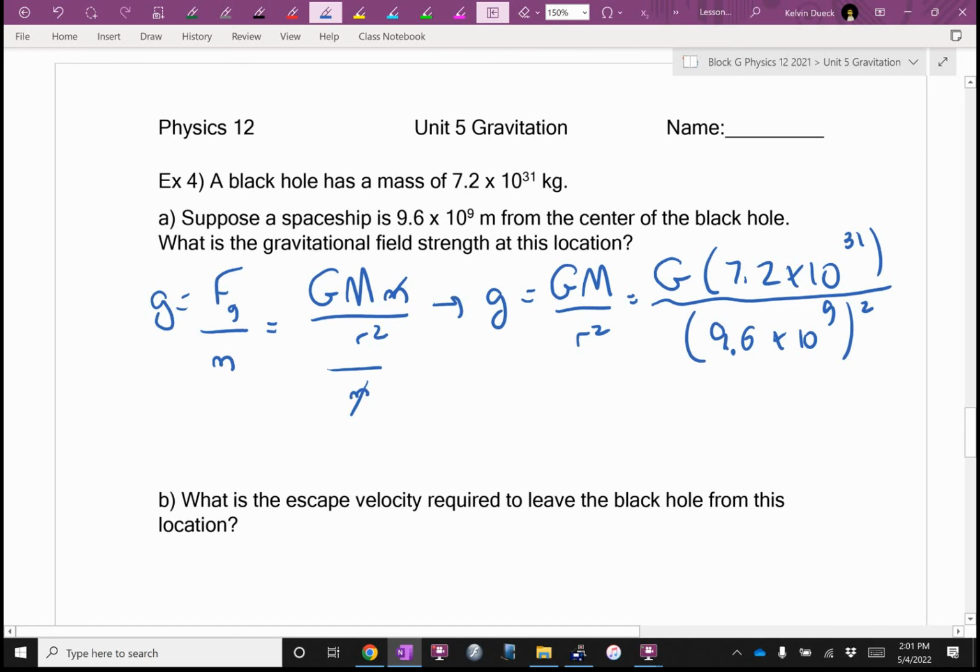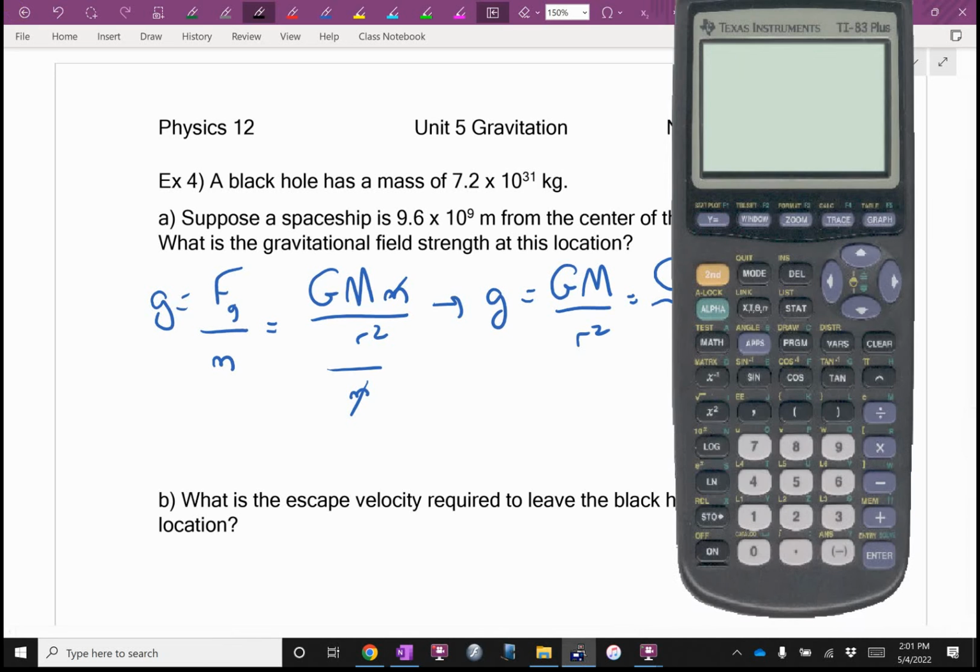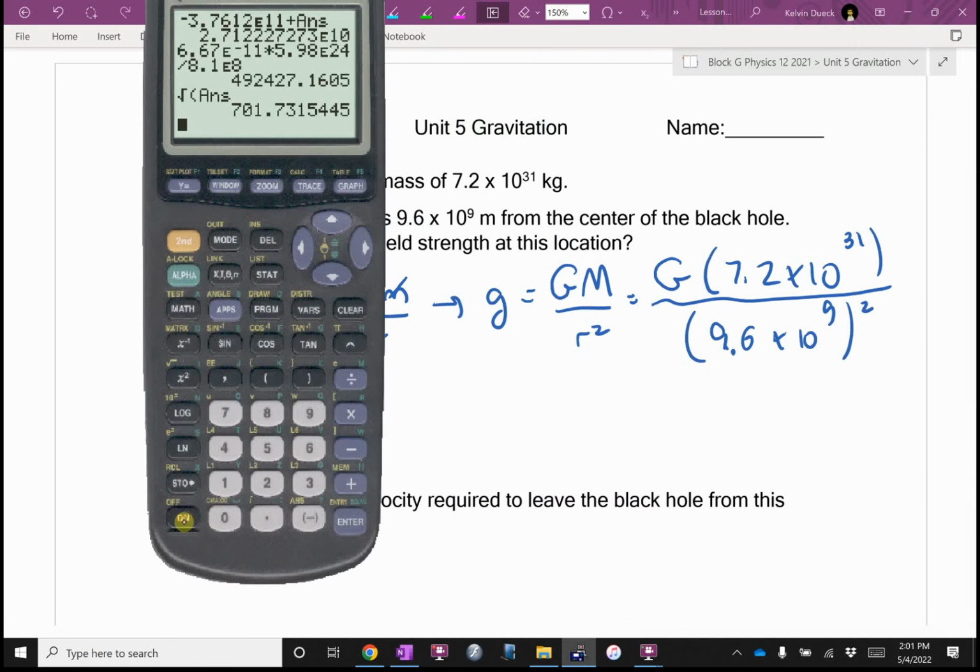Energy. It's going to be big G, mass of the black hole, divided by 9.6 times 10 to the 9th squared. I have a feeling this is going to be a fairly strong gravitational field. 52.1? Is that right? About 5 Gs-ish.